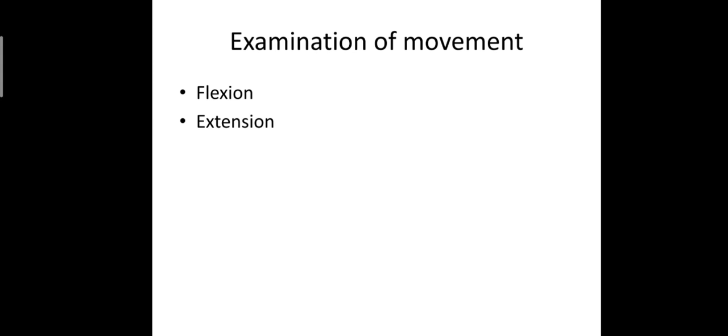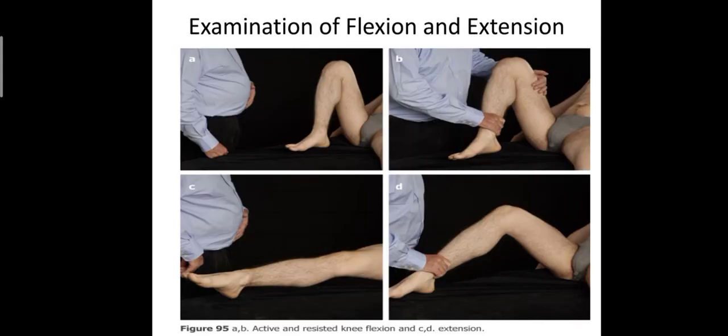Flexion, the normal range of knee flexion is 130 degrees to 150 degrees. Extension, the knee should normally extend to a straight line, 0 degrees, and occasionally can hyperextend to 15 degrees in some females.